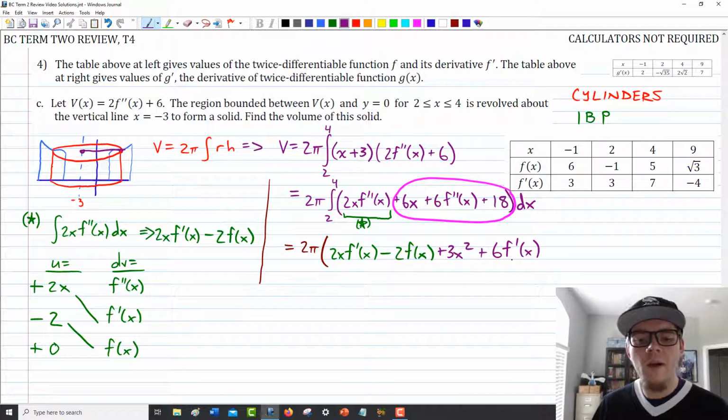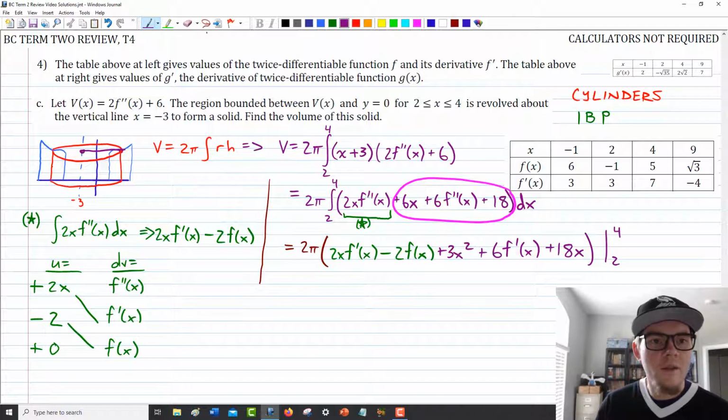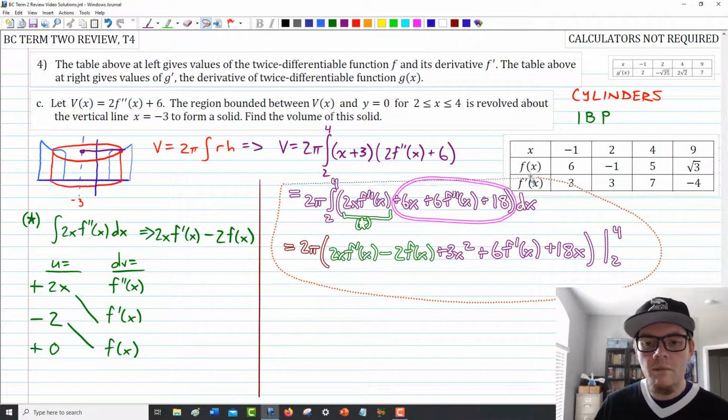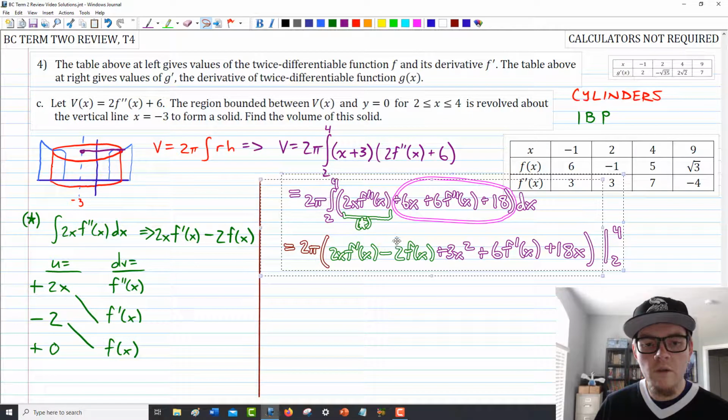Then we can actually combine, we can't, dang it. Oh well. And then the antiderivative of 18 is just 18x. And we're going to evaluate this whole thing from 2 to 4. So be prepared for, I was going to say adventure, I'm not sure adventure is the right word, be prepared for a little bit of intense work.